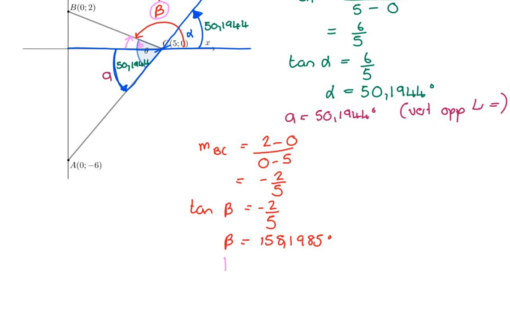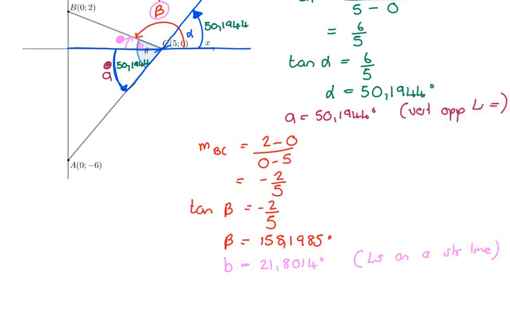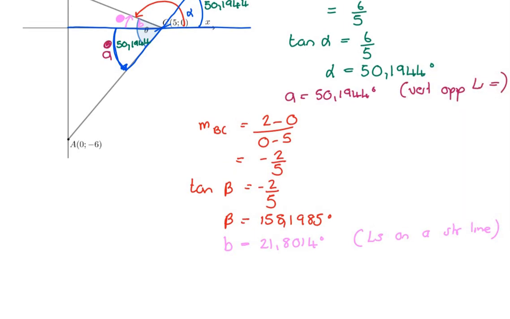So how am I going to find little b? Little b is going to be 180 minus that because of angles on a straight line. So 180 minus that 158, I get 21.8014 degrees, and that is angles on a straight line. So basically I now know that angle there, and I know this A here, so I can add them together for theta.